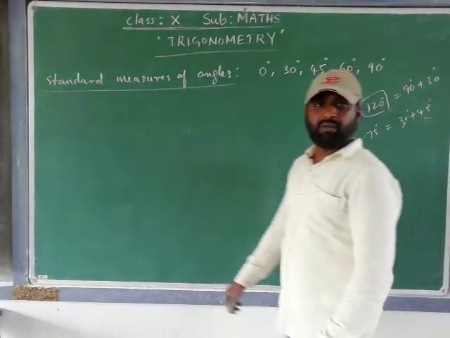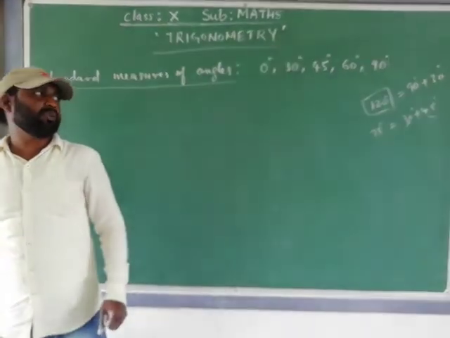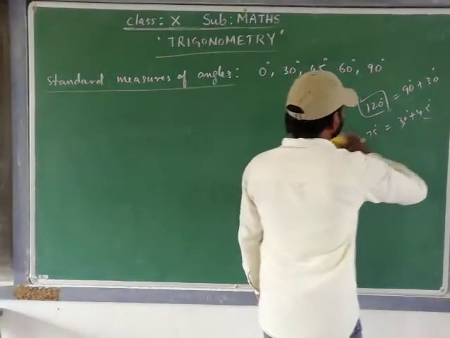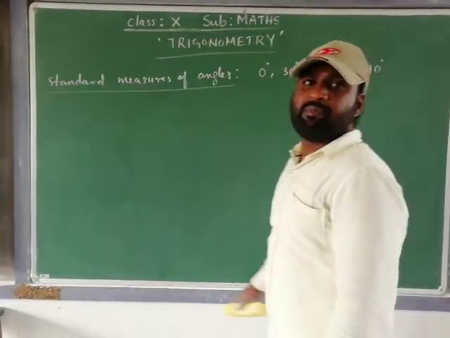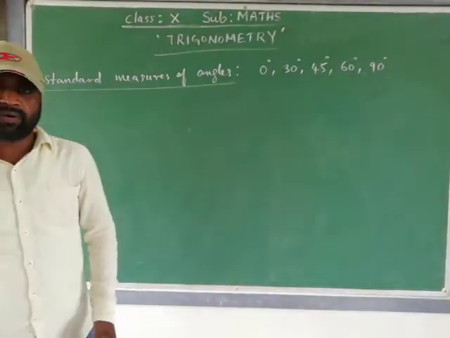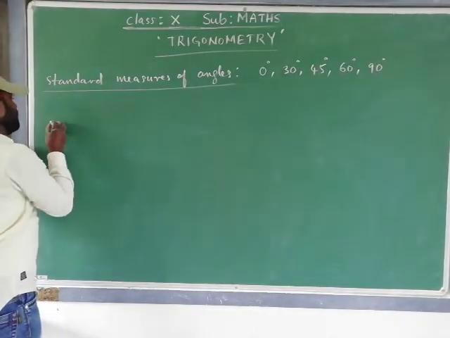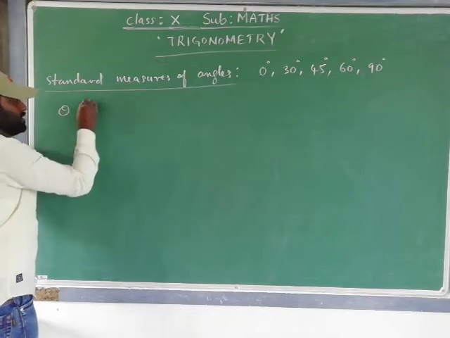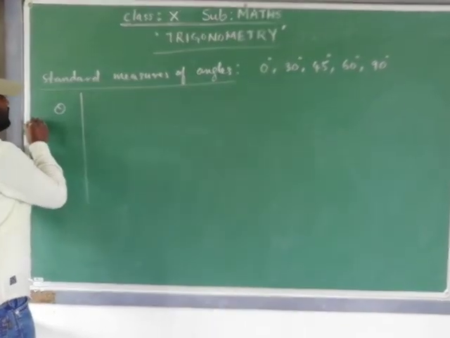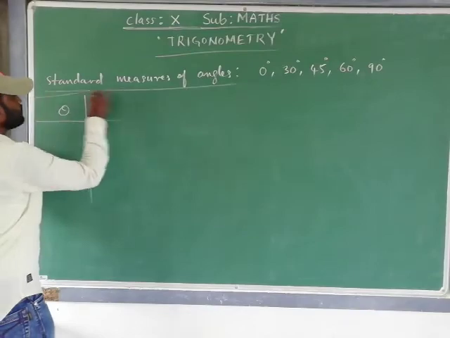We have a table. The table can be easily remembered. The table looks very vast, but we can easily remember it by using a small technique. Okay? Let us write the table. Here theta means the measure of angle, then we will write the trigonometric ratios.